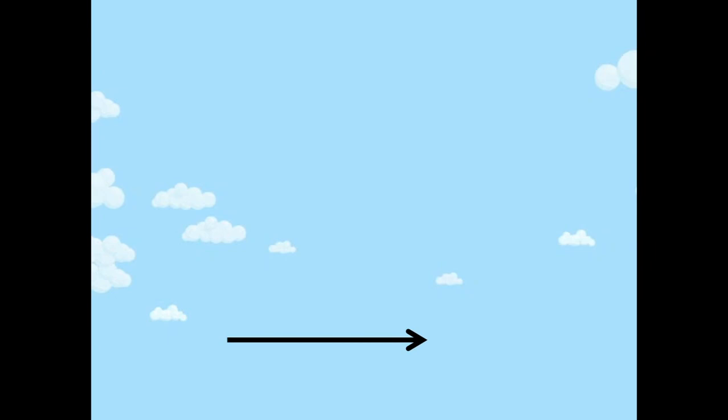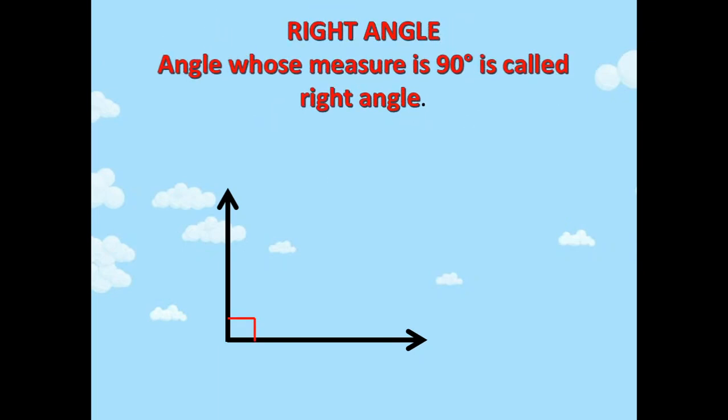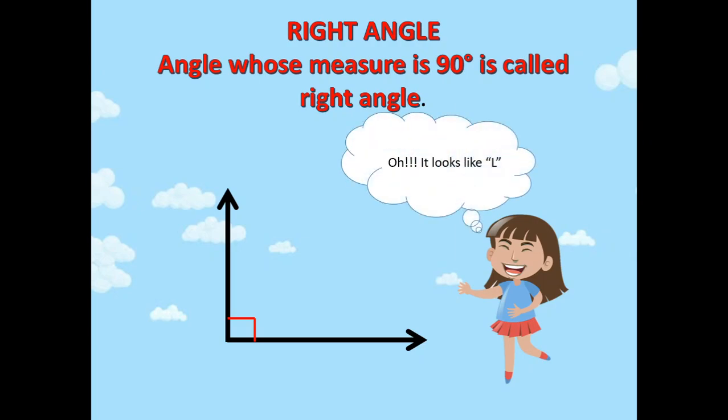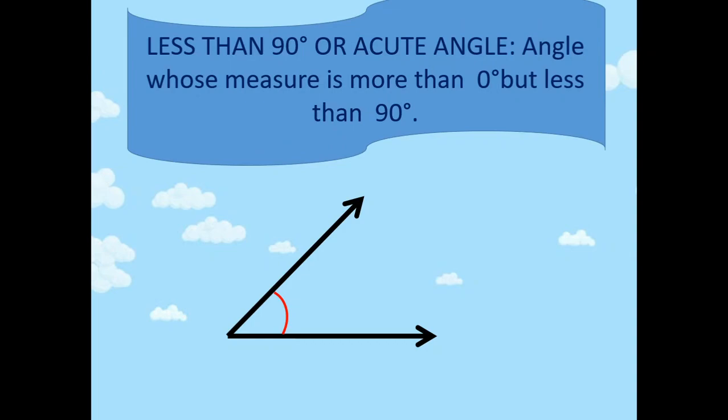When a sleeping line meets a standing line at a point, a right angle is formed. The measure of the right angle is 90 degrees. You can see that it looks like L. The next one: when the space between the two lines is smaller than 90 degrees, then the angle formed is called an acute angle.